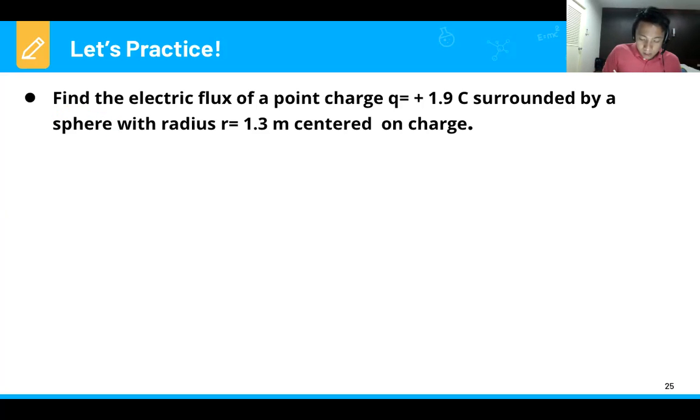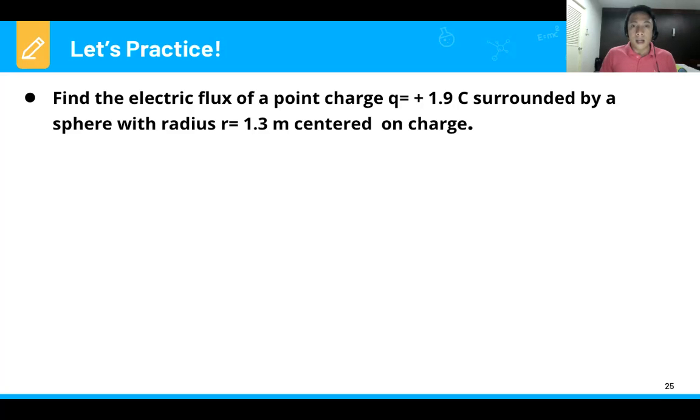So we will still use our formula, E equals Q over 4 pi constant R squared. Correct?